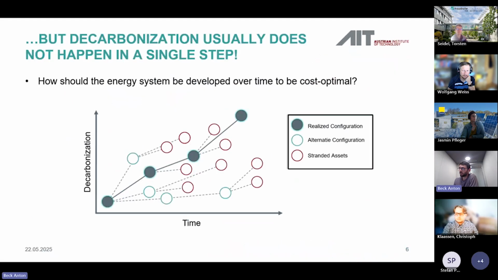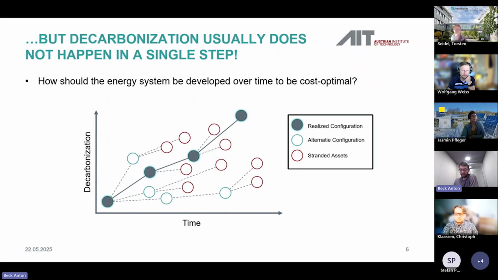So far, so good. But we don't only want to derive the optimal solution for one case, but we would rather like to identify the pathway from now to the fully decarbonized system, and ideally avoid stranded assets.